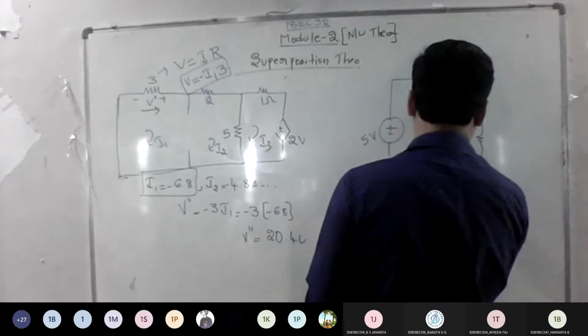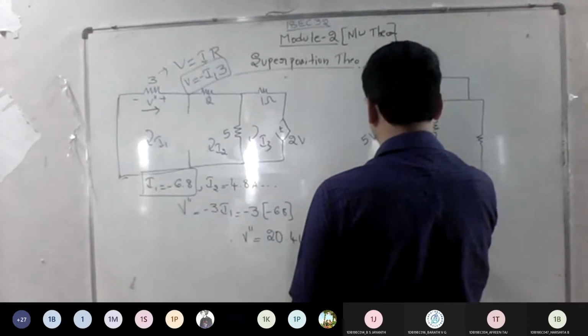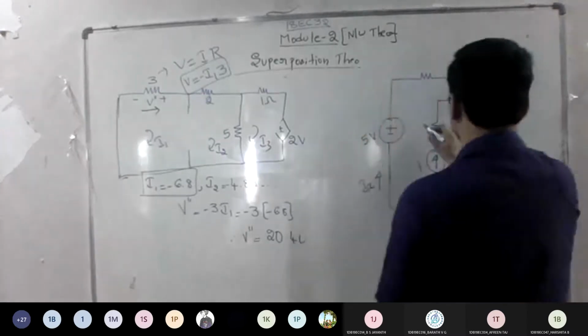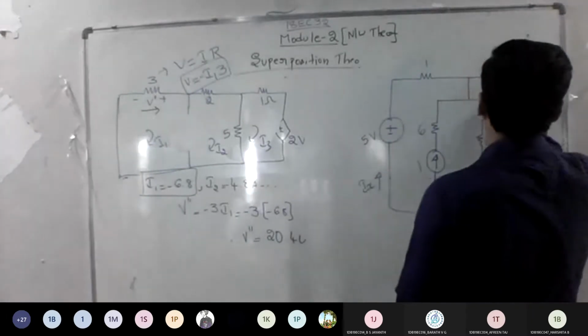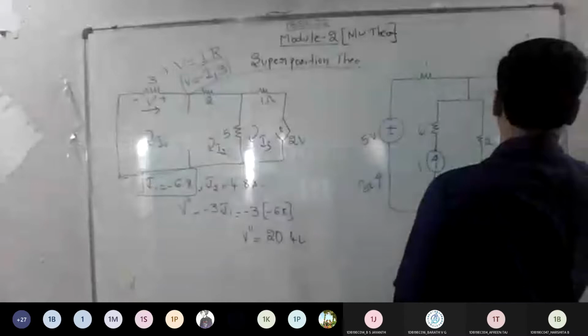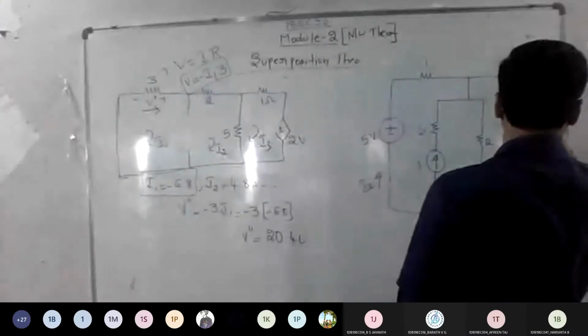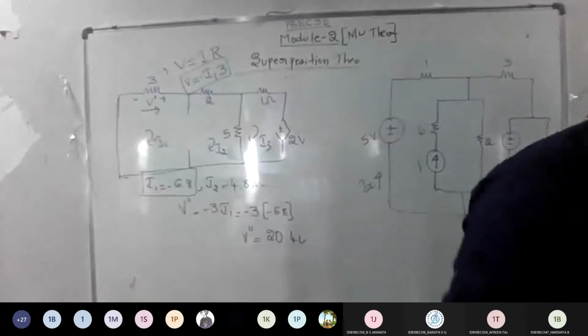See, understand the question carefully. Don't write things blindly. So Ix is flowing here. The resistors are 6, 2, 1, 3. So the values are 10 and 4.